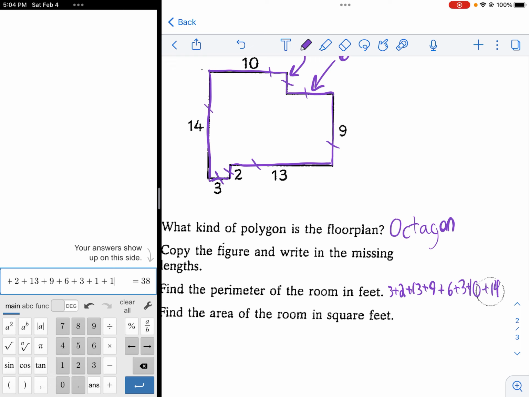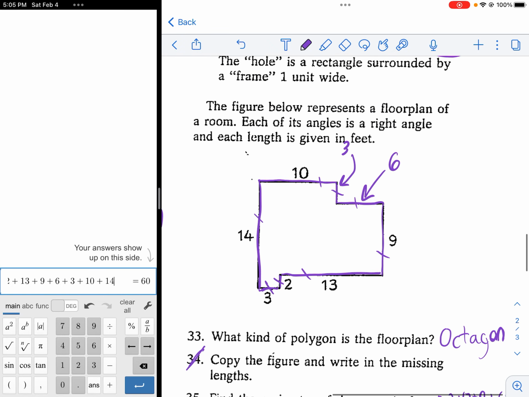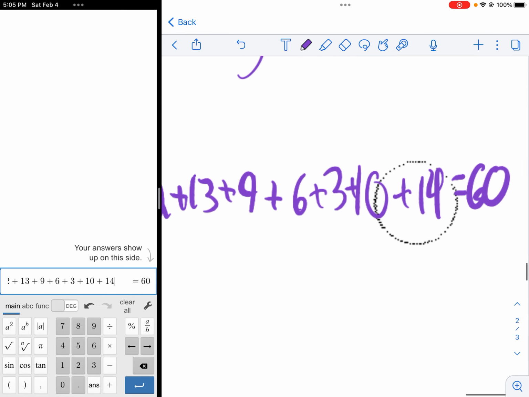Oops, that should be 10, not 1. There we go, 60. So our perimeter is 60, and the units are not given, so just 60 units, right?